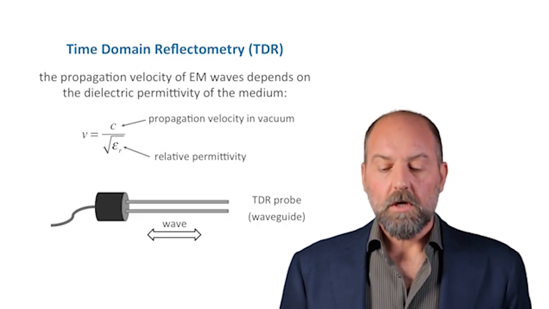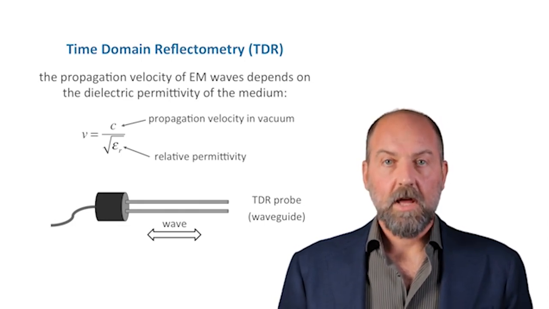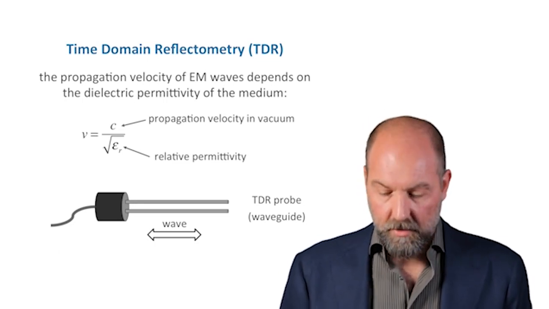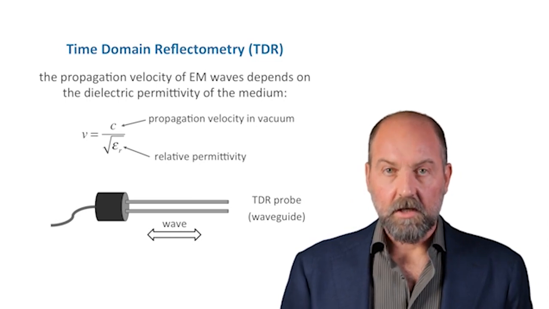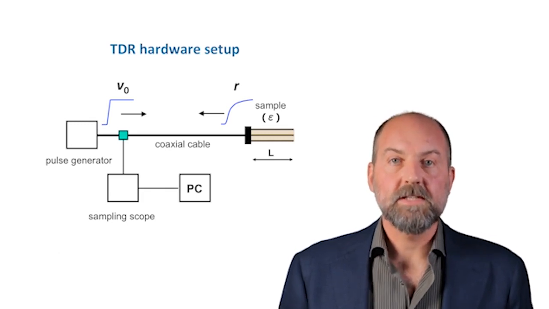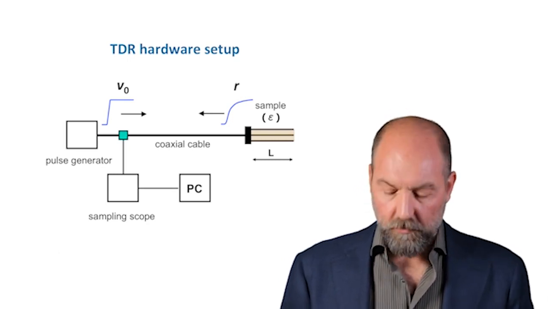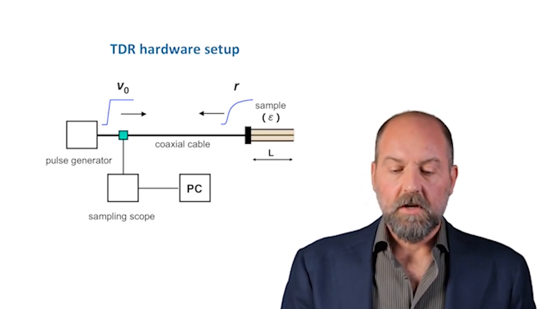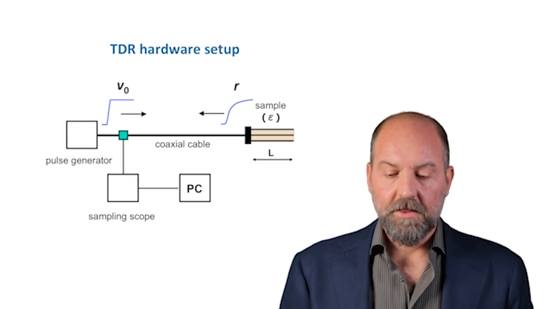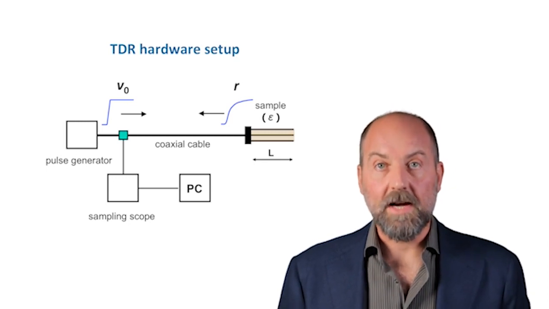To do so, in TDR technology, we have a waveguide, a system where waves can propagate through. And the waveguide, in the case of a TDR probe, looks like this. And this is a typical setup of a TDR system, where we recognize a pulse generator, with V0 indicating the input signal that travels in the direction of the sample, which is connected to the pulse generator through a coaxial cable.